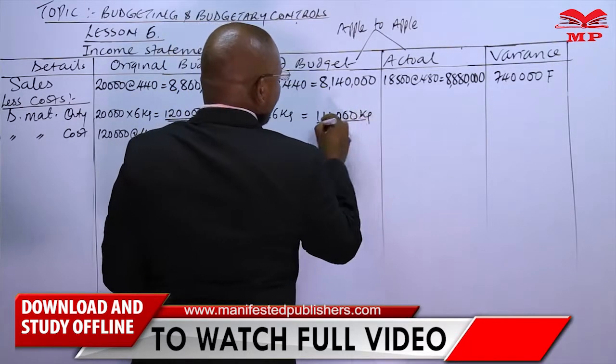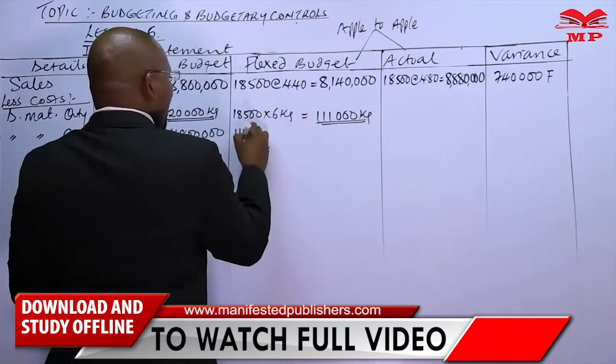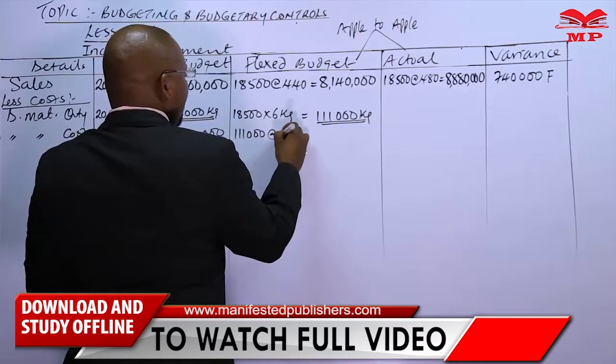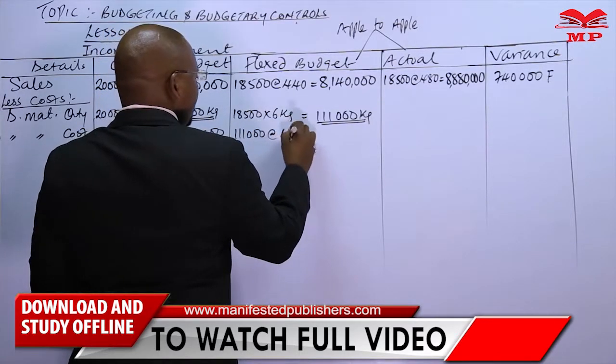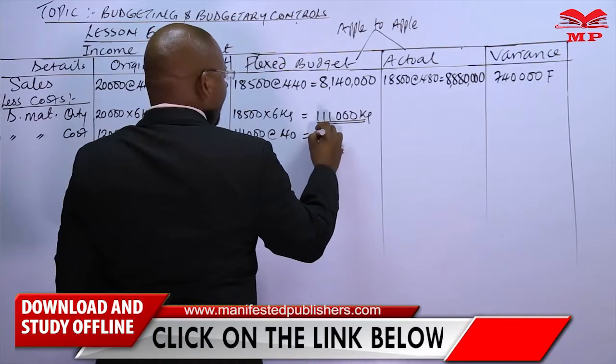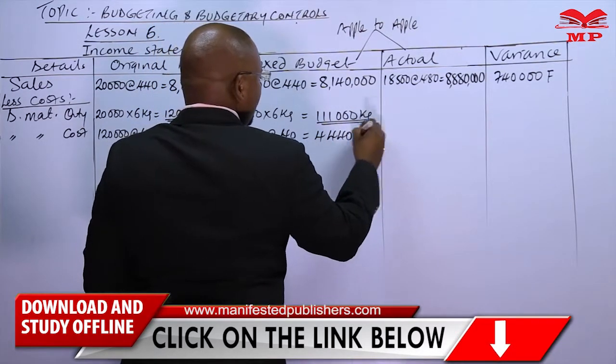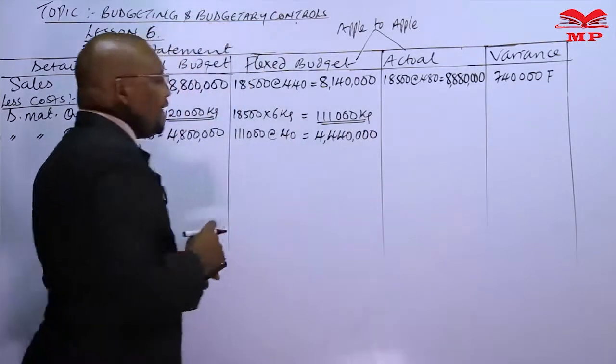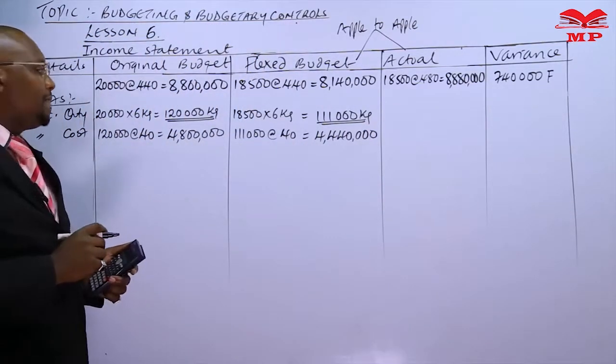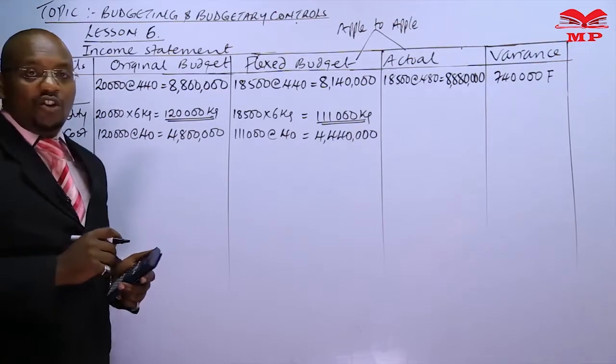We double line that. But the cost will be 111,000 kgs each at 40 shillings, which is 4,440,000 as the material cost.